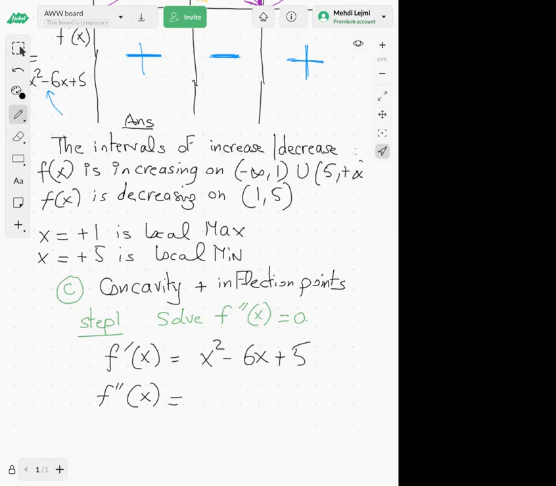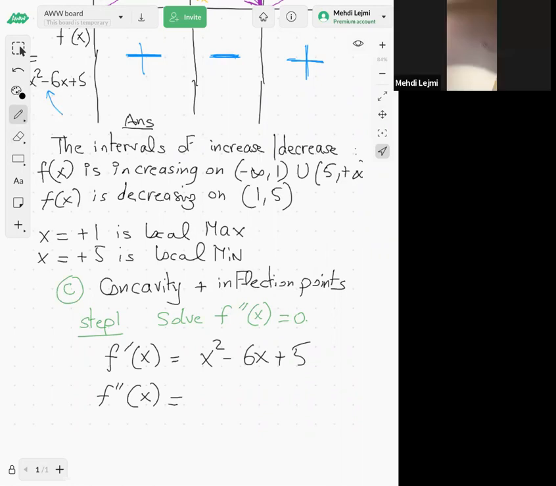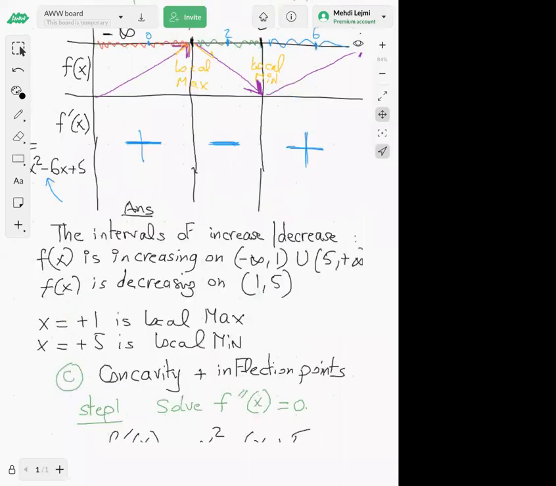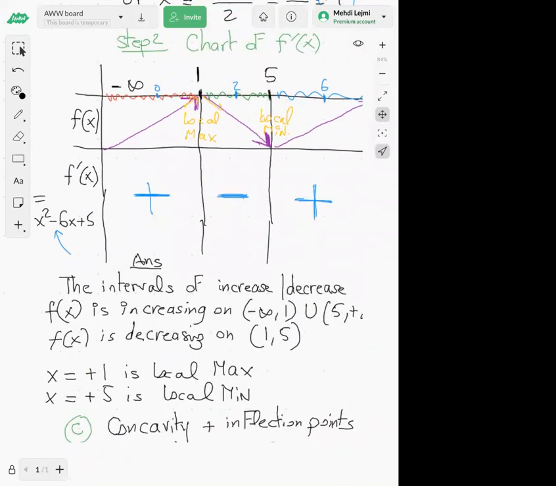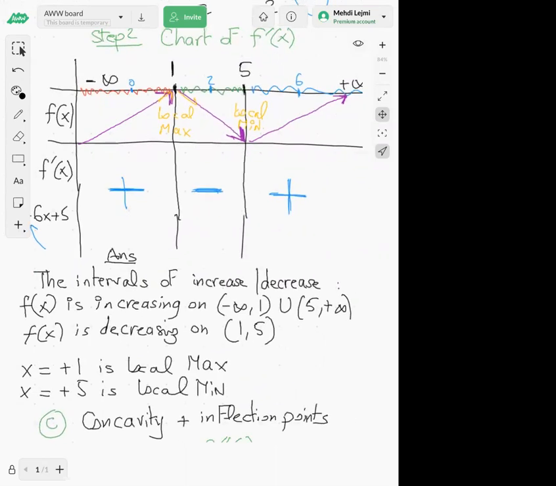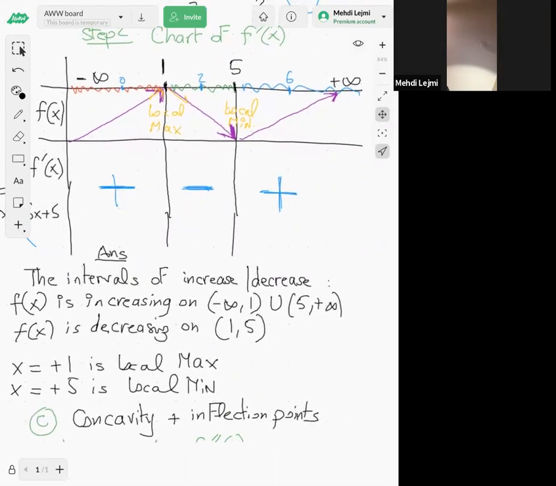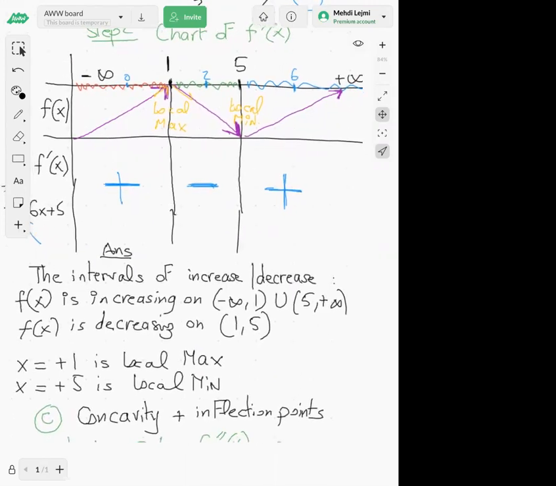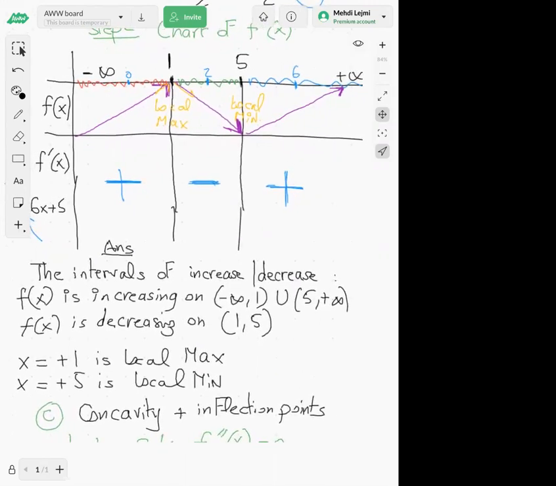I have a question. Yes, please. Where you say the intervals of increase and decrease, you say f of x is increasing on negative infinity to 1 union. Instead of union, on the test I didn't put union, I just put and.